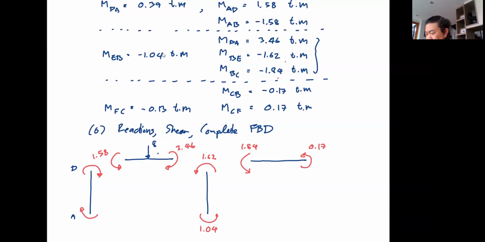Only a tiny number now, because you just have the load here on BC, and the rest just has moment simply because they are connected to each other. Not much. Now you should have this in the clockwise direction for CF, and then FC is counterclockwise.